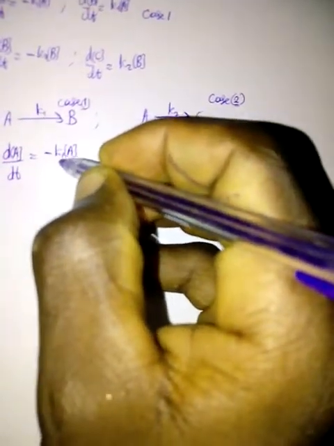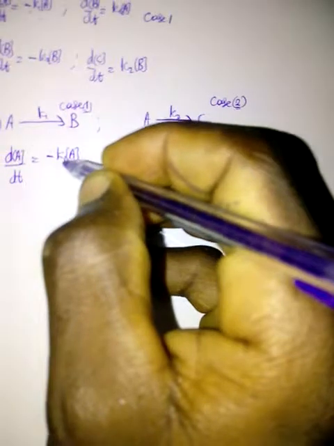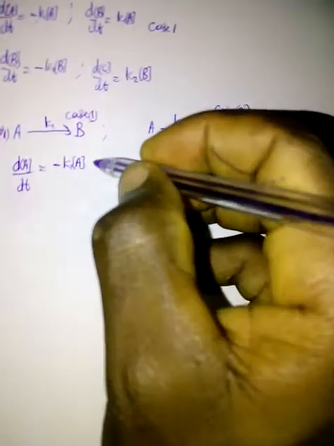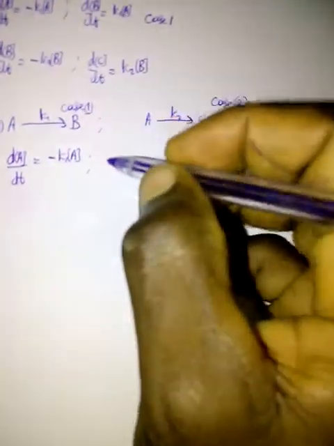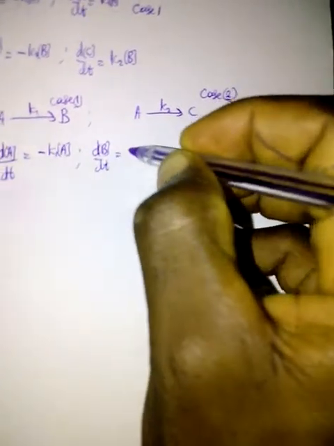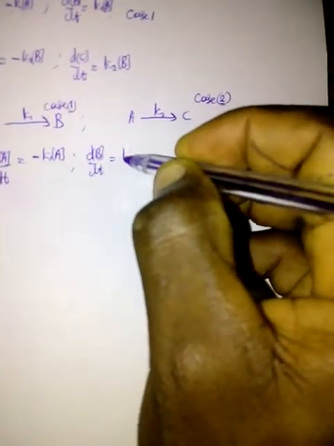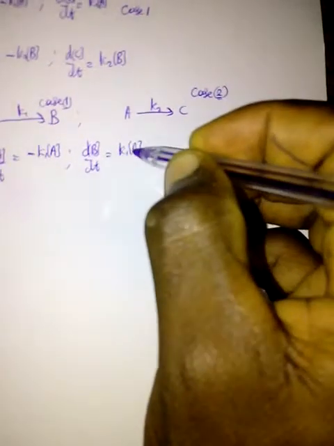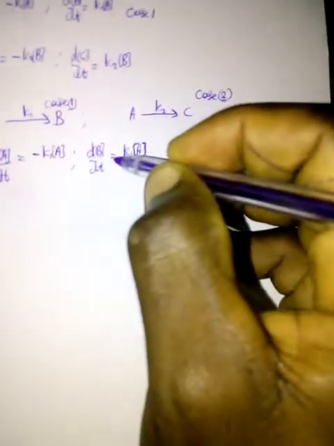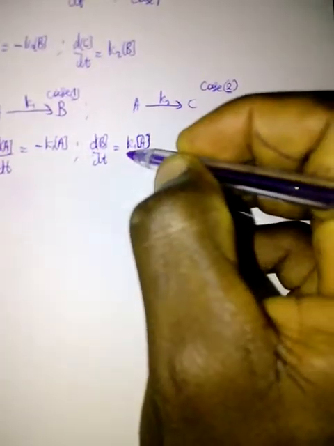Remember, the rate constant will be multiplying the concentration of the reactant, either you're writing in terms of reactant or in terms of product. So if we're writing in terms of product, d[B]/dt in case 1 equals K1[A]. No negative sign here.